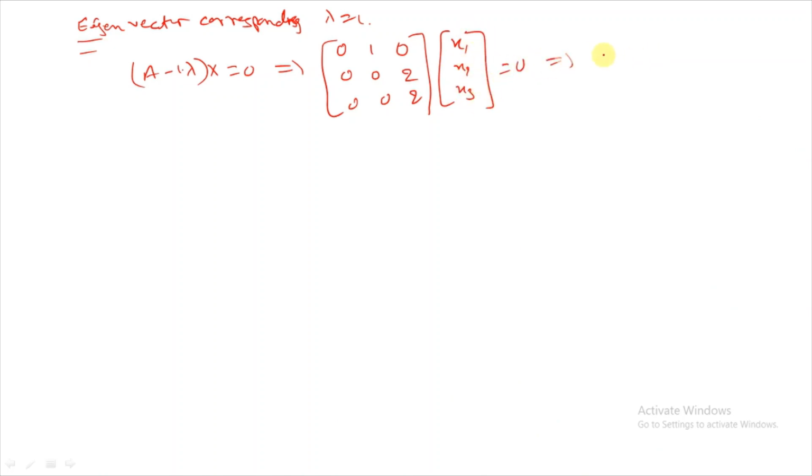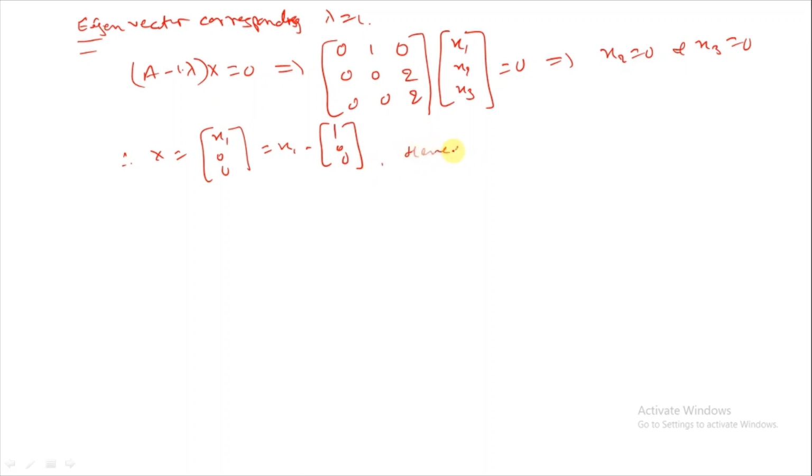This implies x2 equal to 0 and x3 also 0. Therefore x equal to x1, 0, 0, x1 equal to 1, x1 into 1 0 0. Hence x2 equal to 1 0 0 is an eigenvector.